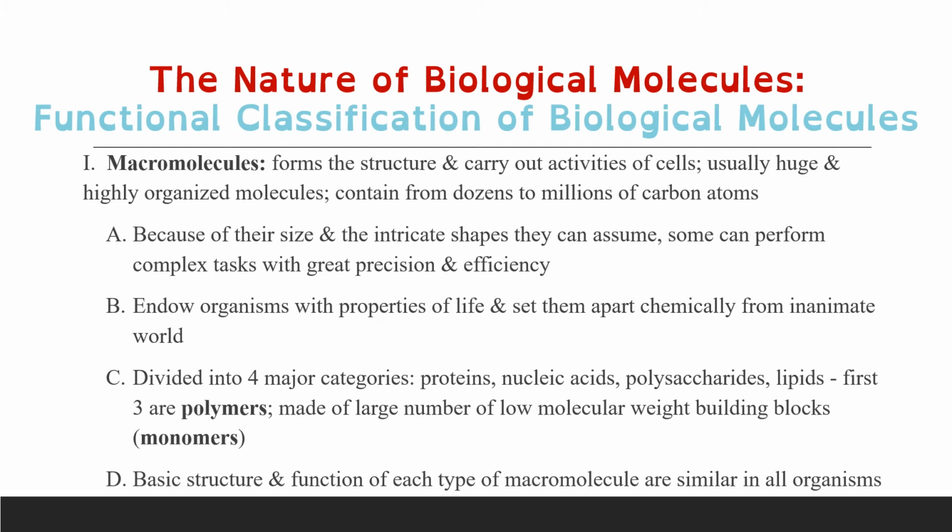And the basic structure and function of each type of macromolecule are similar in all organisms. So the organic molecules commonly found within living cells can be divided into several categories based on their role in metabolism, and these macromolecules are constructed from the monomers by a process of polymerization.